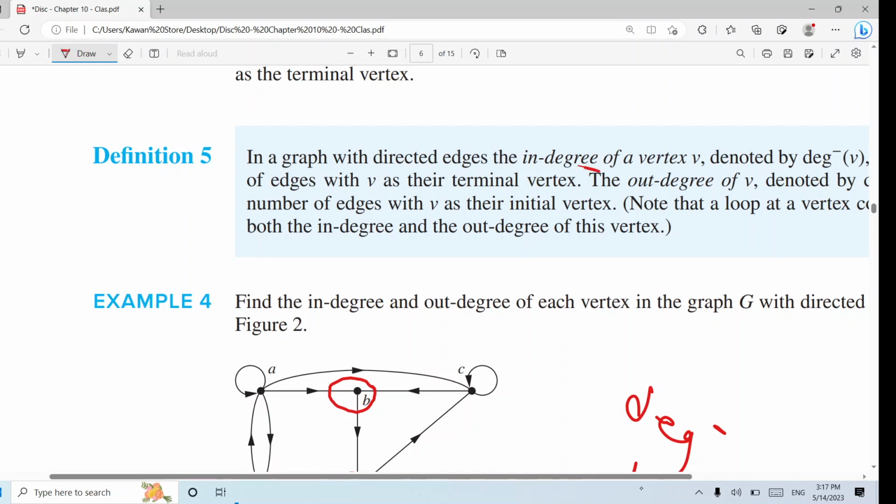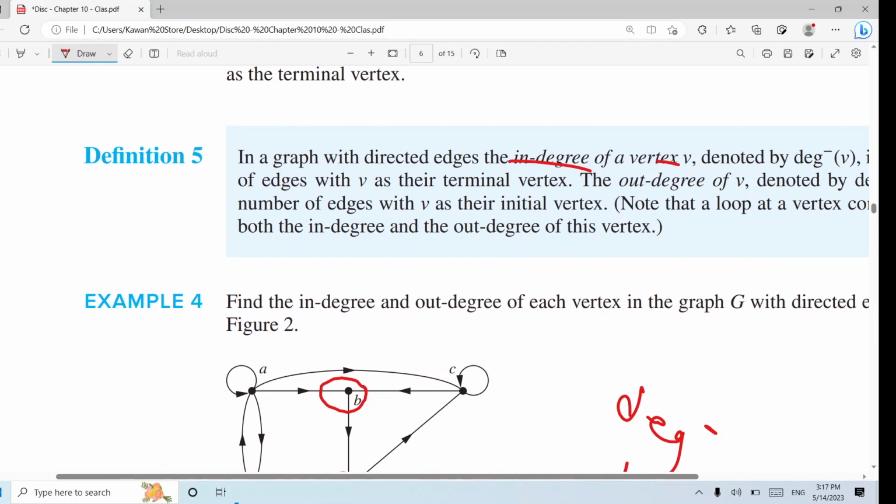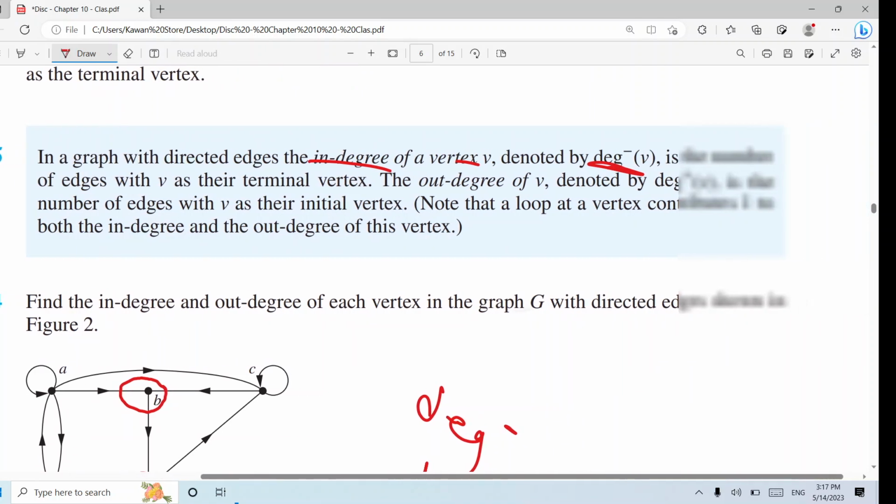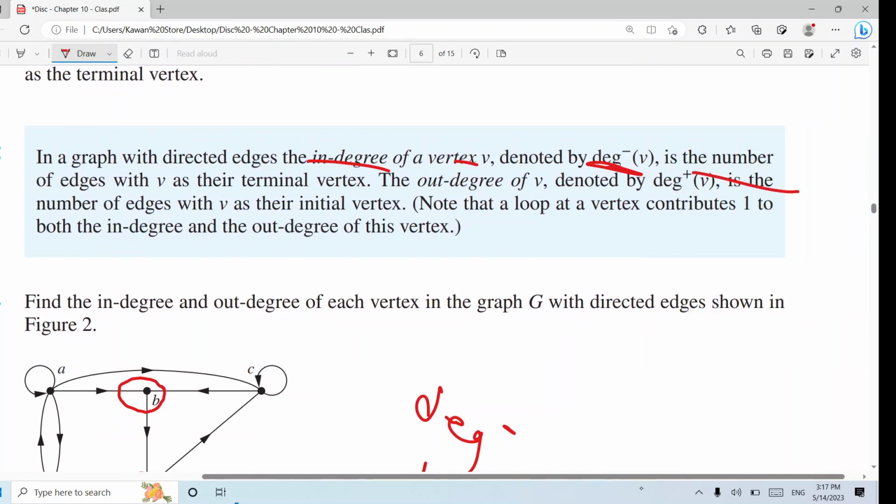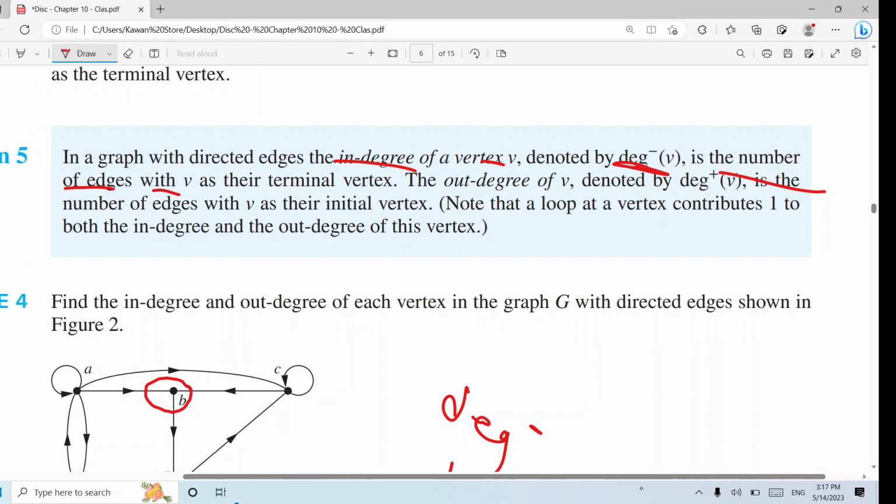We have the in-degree of a vertex V, denoted by deg minus of V, which is the number of edges with V as their terminal vertex. Terminal means the last one. So it's the in. That one is in, and that one is in.